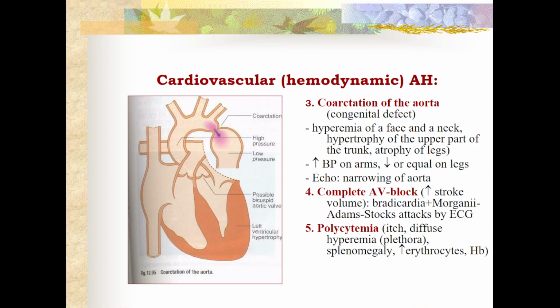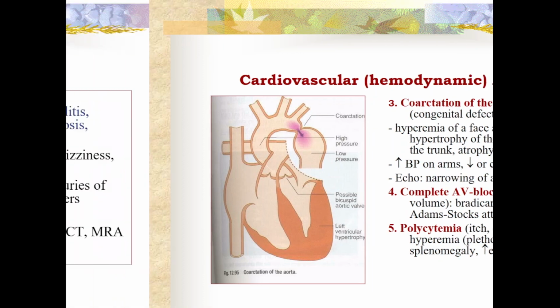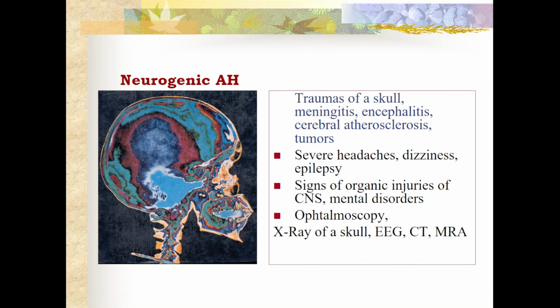Polycythemia, likewise one of the reasons, can cause arterial hypertension. Neurogenic arterial hypertension is associated with traumas, meningitis, encephalitis, arachnoiditis, cerebral atherosclerosis, tumor of the brain.